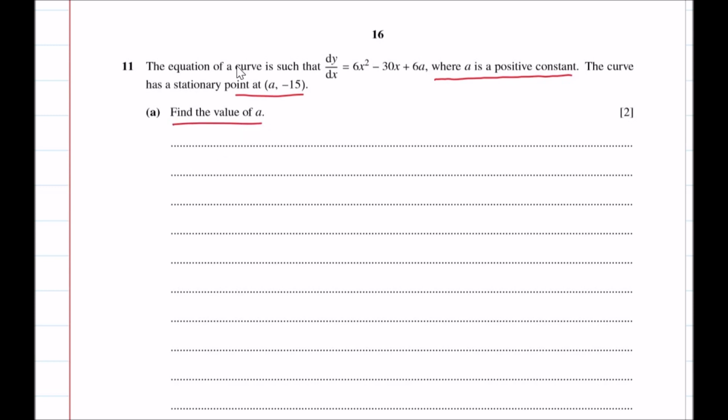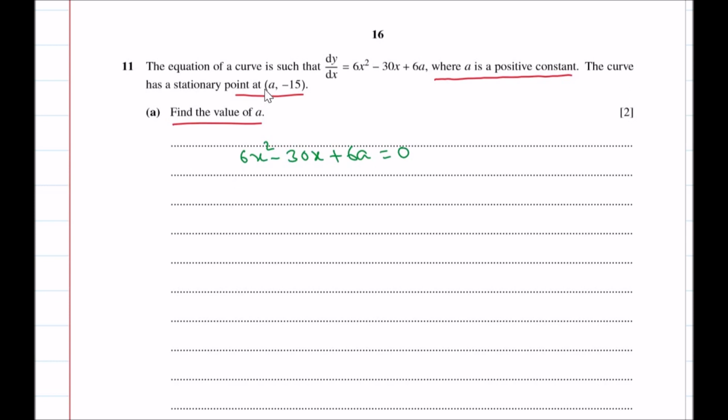As we know, at a stationary point dy by dx equal to 0. So at a stationary point dy by dx equal to 0. So we will write 6x square minus 30x plus 6a equal to 0.